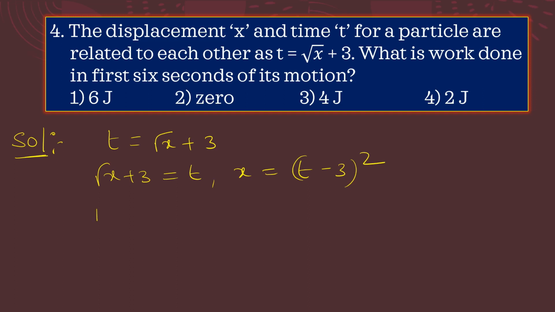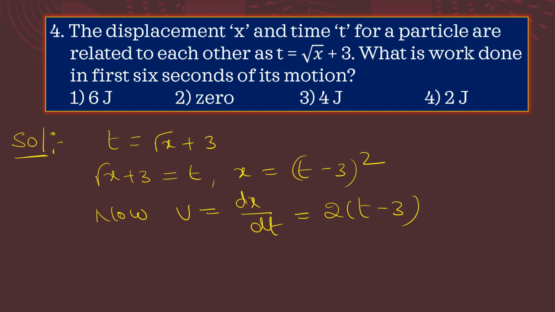Now v is equal to dx by dt, so we are differentiating this: (t minus 3) whole square gives 2 of (t minus 3), since d by dx of x power n is n into x power n minus 1.